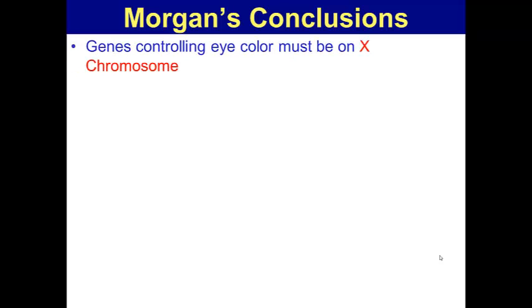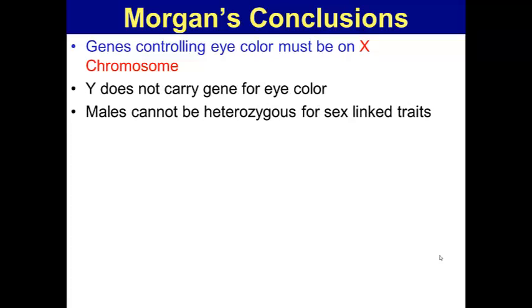The genes controlling eye color must therefore be on the X chromosome. Y does not carry the gene for eye color. Males cannot be heterozygous for sex-linked traits. They can only contain 1 allele.